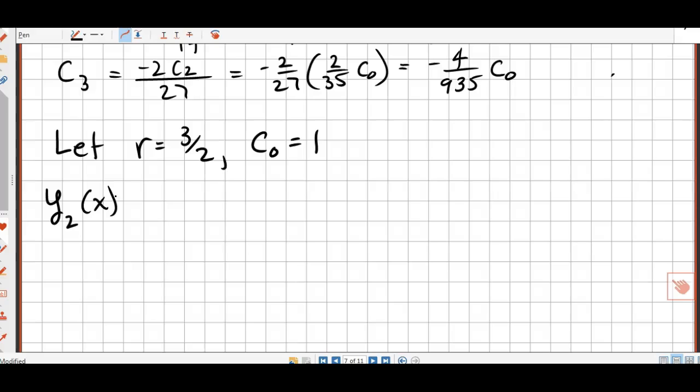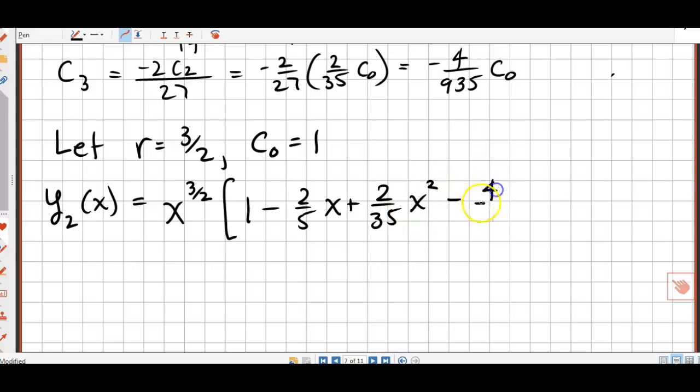And so we're going to end up with x to the 3 halves times the quantity 1 minus 2/5 x plus 2 over 35 x squared minus 4 over 945 x cubed, and on and on and on, whatever you get.